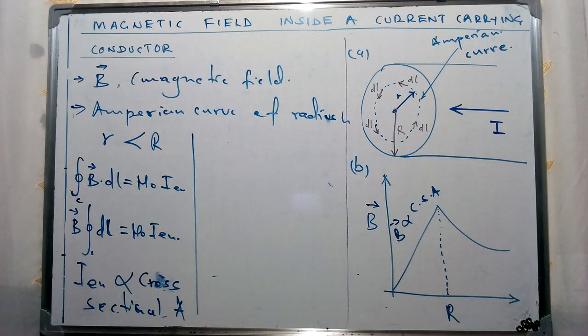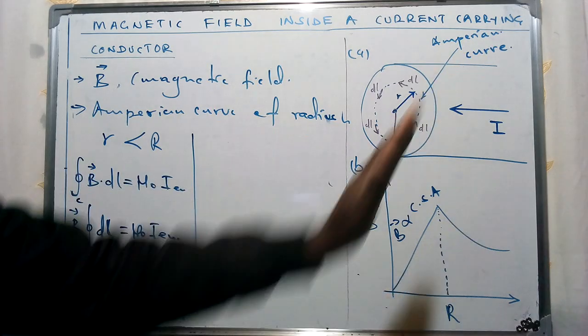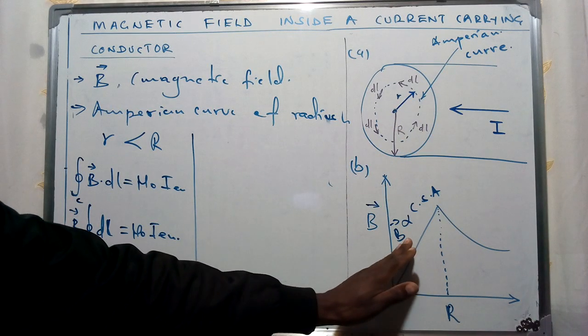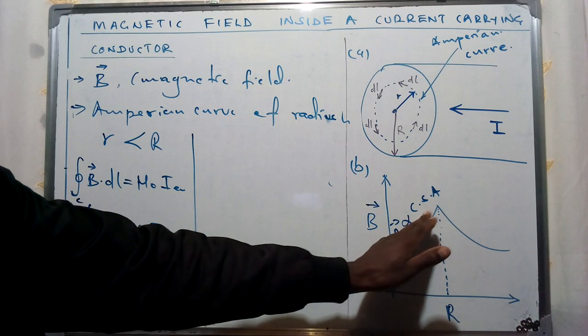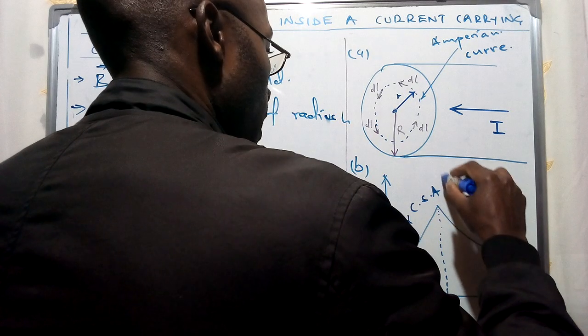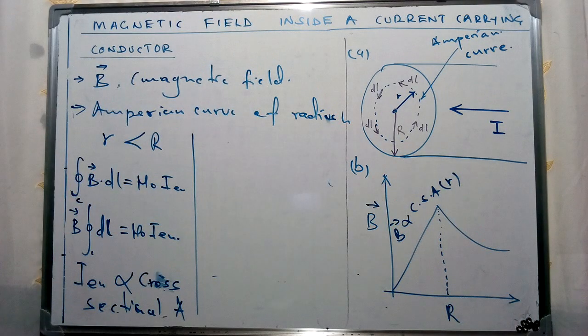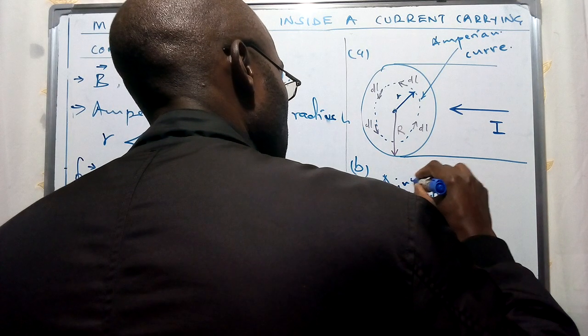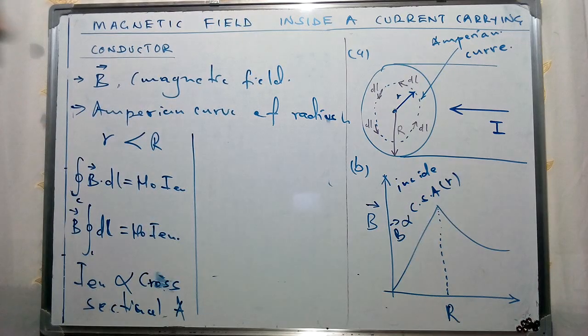Now this is going to be a curve which is going to have a positive increase from this particular point of origin, whereby we have the magnetic field directly proportional to the cross-sectional area of this specific small radius given as such. But now this is going to be the case for current inside this specific conductor.